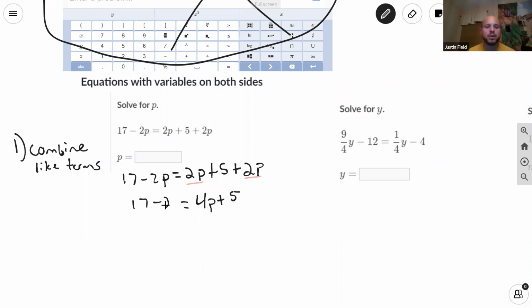No problem there. And now the second step is to use inverse operations. Inverse operations. So what is an operation? An operation in math is like addition, subtraction, multiplication, and division. Those are operations.